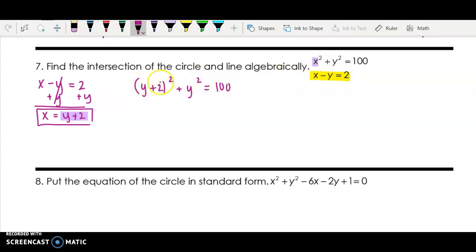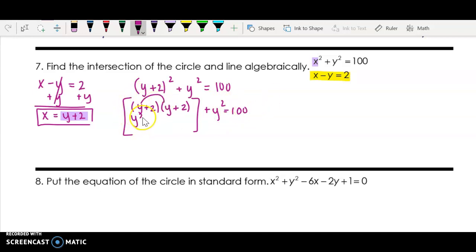Now I've got to expand out y plus 2 quantity squared. It is not just y squared plus 4. We have to actually write it out and use FOIL or double distributing in order to expand that expression. And then we'll bring down our y squared and our 100. So I'm going to multiply this out.